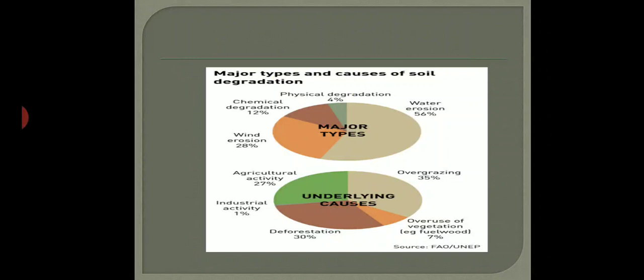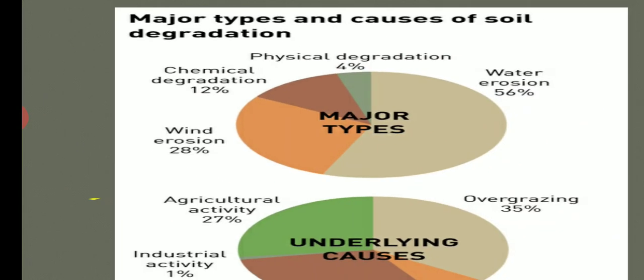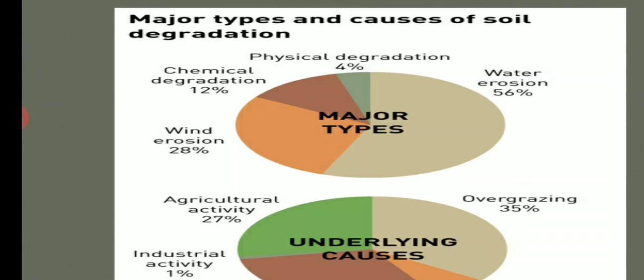Now, major types and causes of land degradation: there can be physical degradation and man-caused degradation. Major types include chemical degradation by the use of fertilizers, degradation by water, which is 56%, and wind erosion, which is 28%. Then there is degradation through agricultural activity.